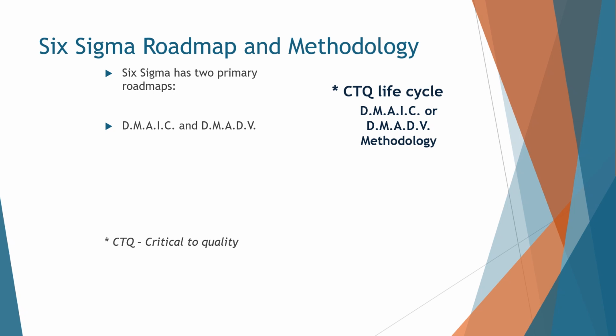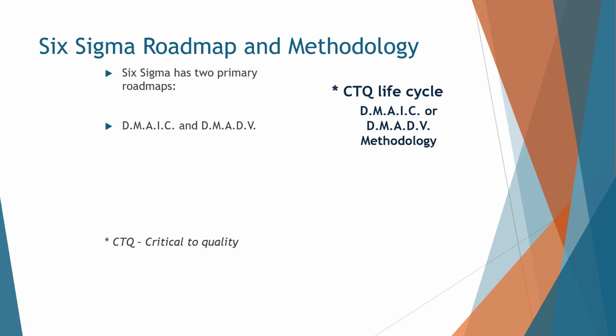Whereas DMADV is when you are in the process of designing a service or a product and want to make sure that it's going to meet customers' expectations. CTQ stands for critical to quality. It's all the variables that your customers require of you in terms of the product or service that you are offering.